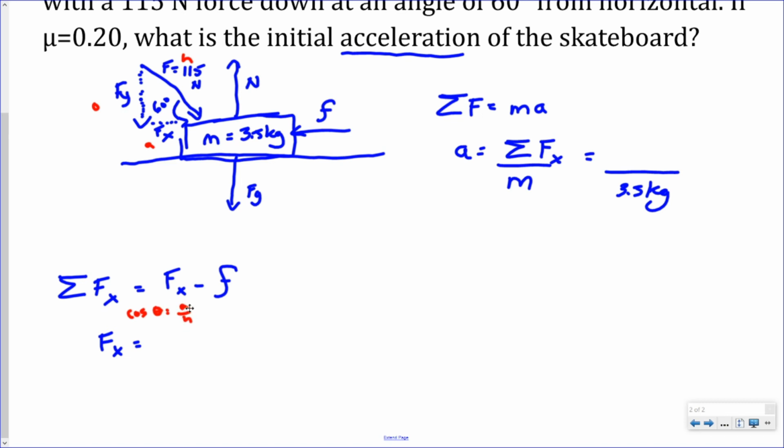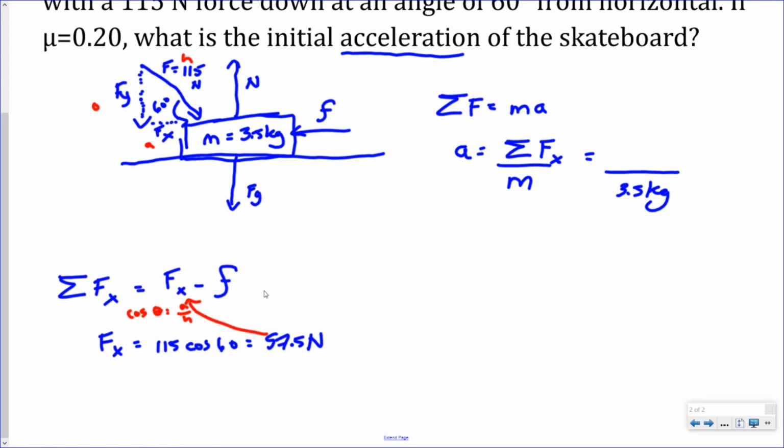When you rearrange for the adjacent, which is Fx, we get that it is going to be 115, which is the hypotenuse, times the cosine of our angle, which is 60. So 115 times cosine of 60 is 57.5 newtons.